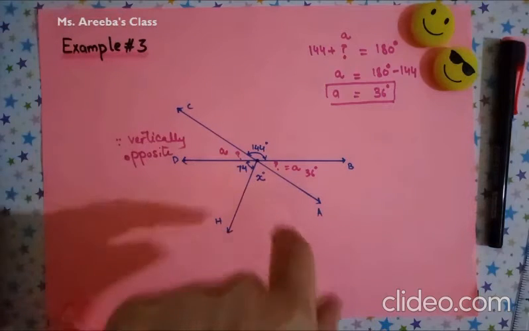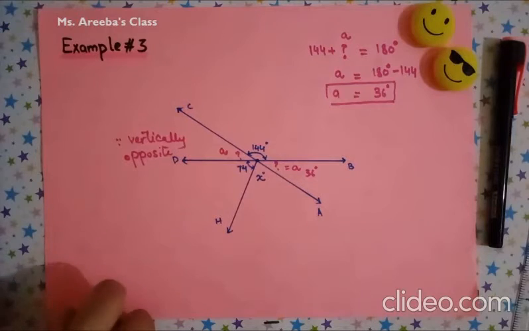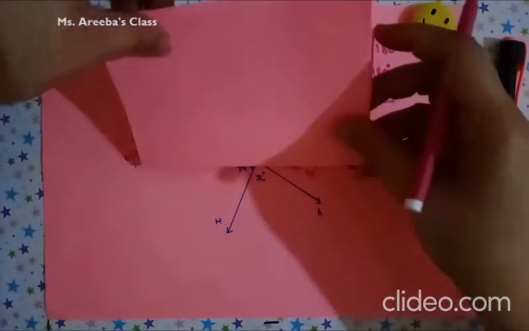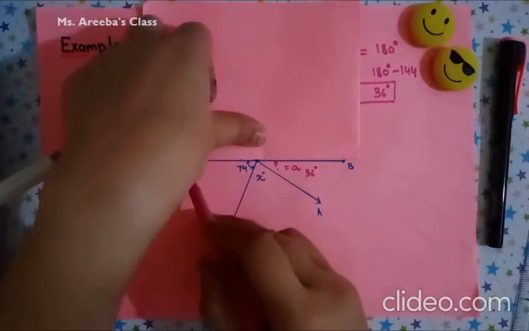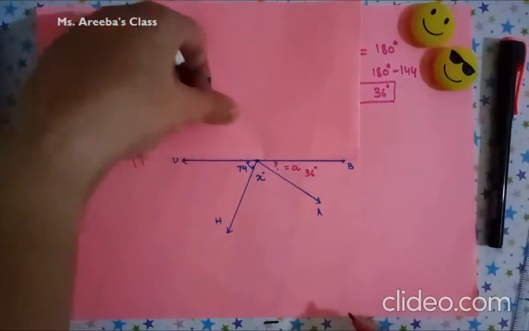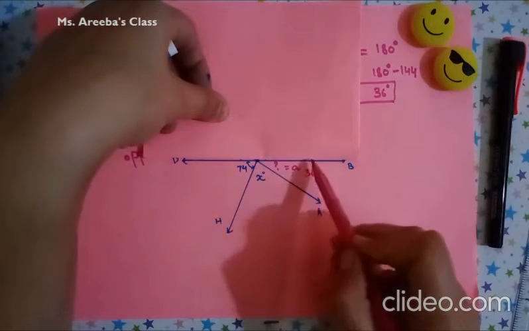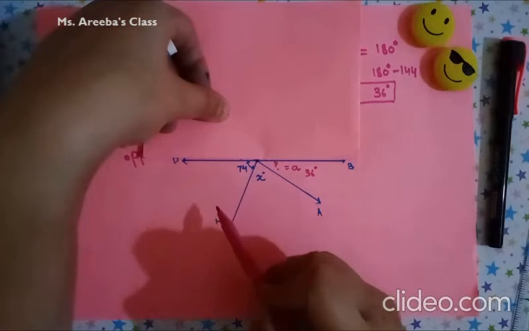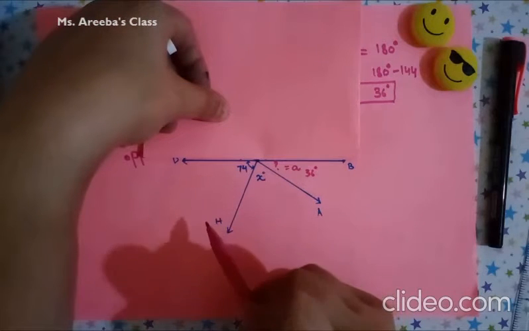For this x, there is more than one way to find the value of x. The first one is that which I have just done by splitting the figure into two parts. Now you can see this line BD as a straight line, and all these three angles are on a straight line. And what does it mean? Angles on a straight line are equal to 180 degrees.